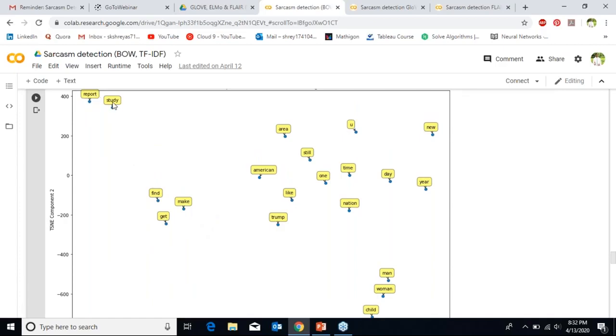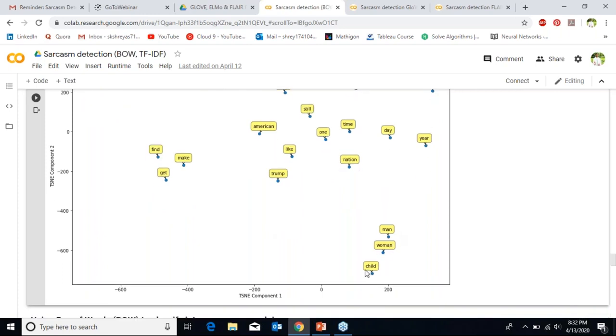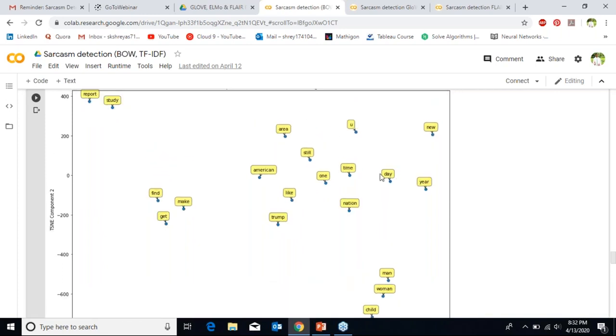Report and study are together; find, make, get are together; man, woman, and child are together; day and year are together. Based on the similarity between the words, these are represented in the TSNE plot. American and Trump are also closer together.